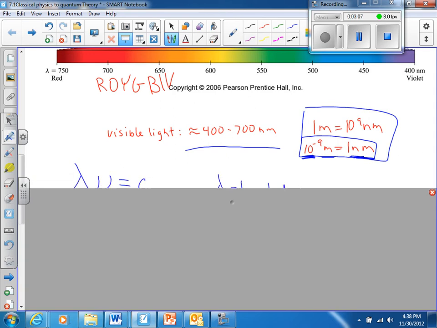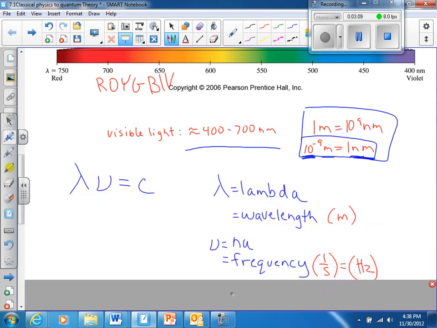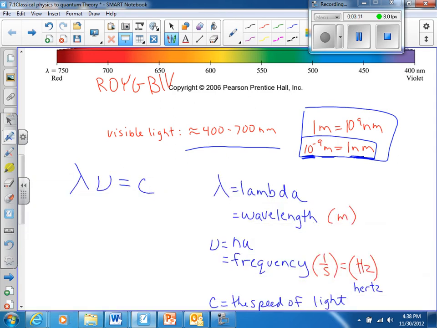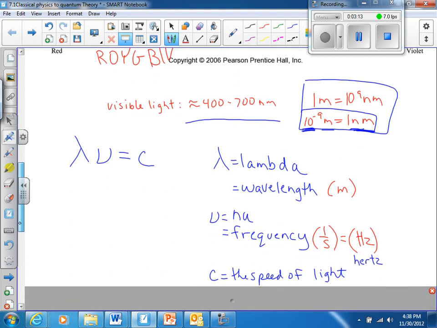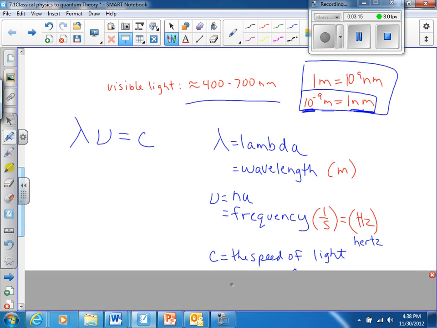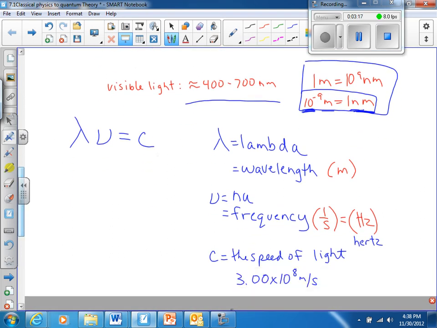We're going to get into some mathematics now. We've got some things to define. There's an equation for electromagnetic radiation. It's right here: lambda nu equals c, the speed of light, where lambda is your wavelength in meters.